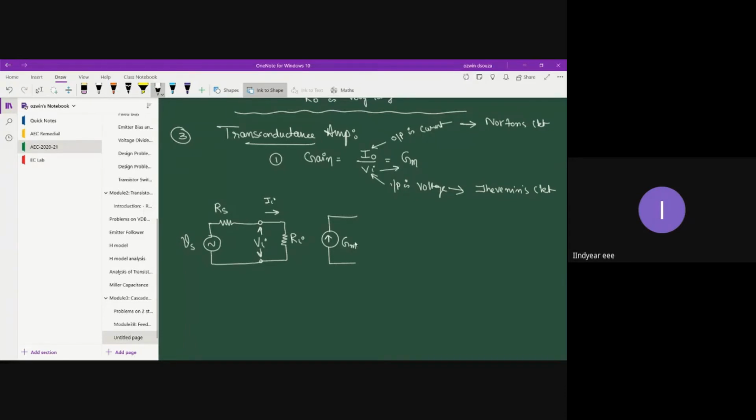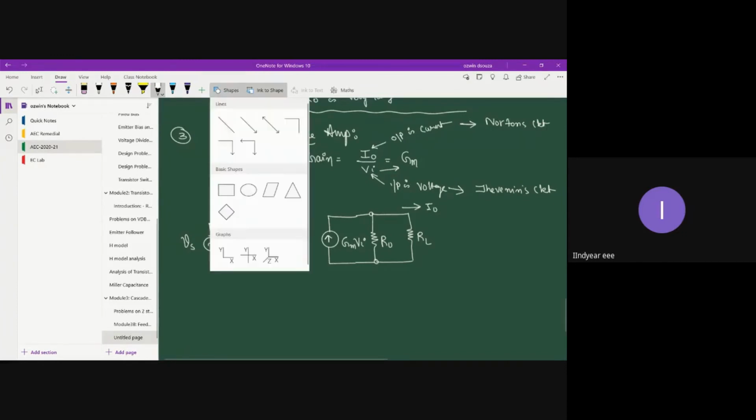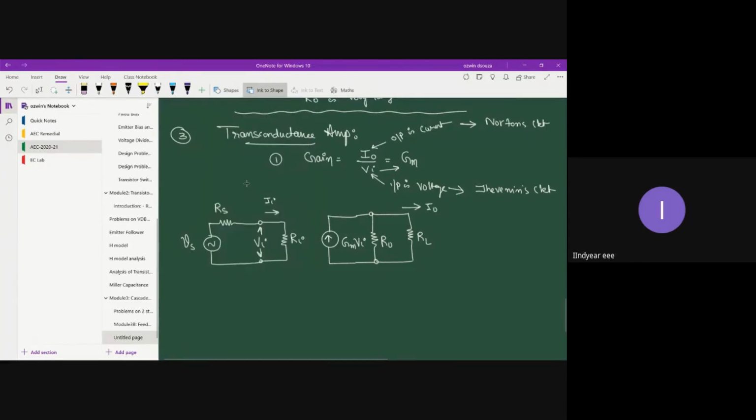So this is Gm into Vi, and then you will have the output resistance R0 connected across the load resistor RL. And this is your output current I0. Fine. So this is your transconductance amplifier.